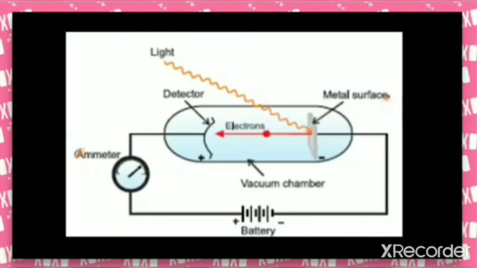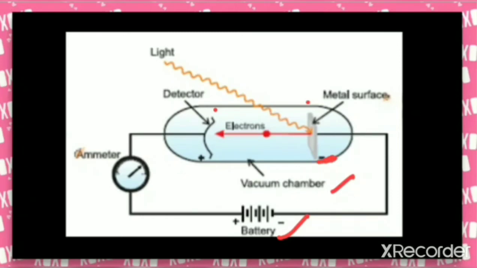The apparatus showing the photoelectric effect is shown in the figure here. It consists of a vacuum chamber in which two electrodes are there. One is a positively charged electrode, the other one is a negatively charged electrode, and they are connected to an external circuit. A metal like rubidium, cesium or potassium is taken on the negatively charged electrode.